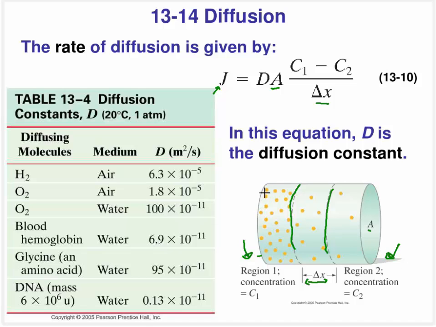More concentration means it's going to happen faster. So the flow rate is related to the difference in concentrations, as well as some diffusion constant, which really depends on the medium as well as the temperature. So here we can have diffusion from air, water, and say blood, so on and so forth.